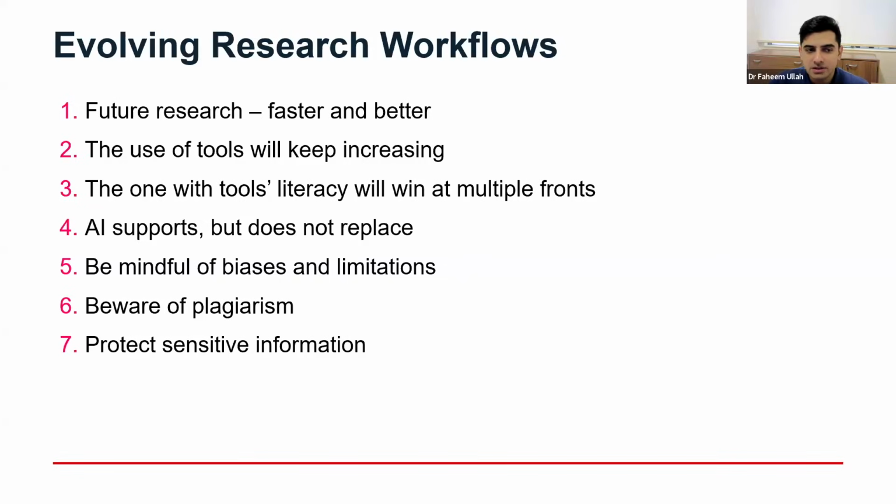Then, as researchers, we need to be mindful of biases and limitations. For example, the answers from an AI might not always be relevant. If there is an AI tool that is trained on data from the US, and we ask the question, for example, what is the most favorite drink in the US?